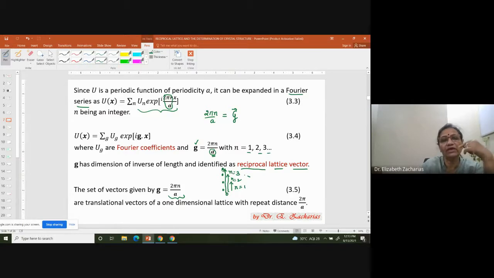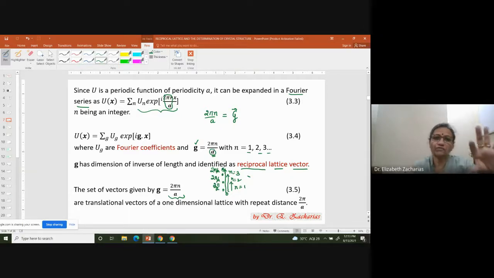I am going to get a one-dimensional collection of points which are equidistant. And what will be the repeat distance? The repeat distance will be 2 pi by A, and then one more 2 pi by A, and one more 2 pi by A as I go to the next.